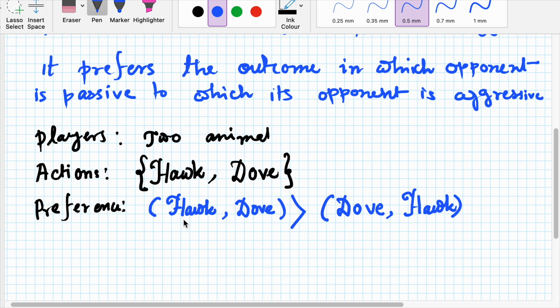In the other case, if both become very aggressive, they may inflict serious injury on each other.